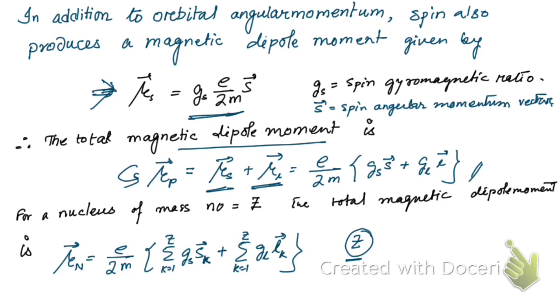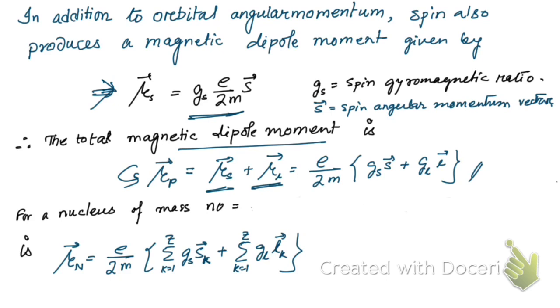Let me make a correction here. Suppose the mass number is A, and the number of protons is Z, okay?